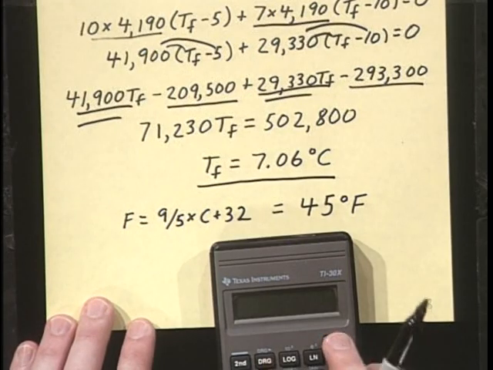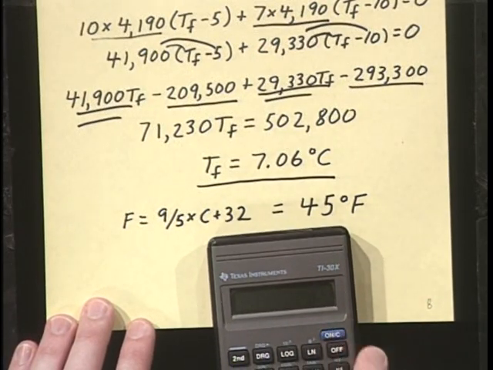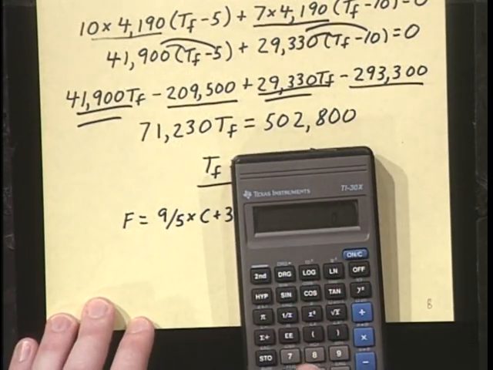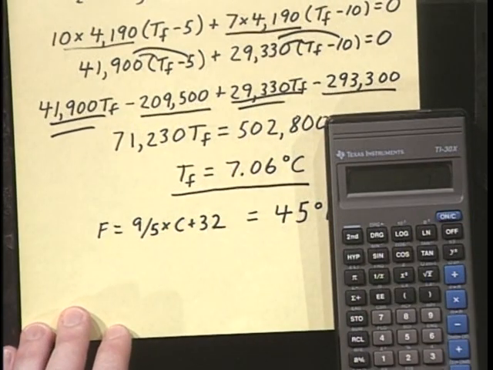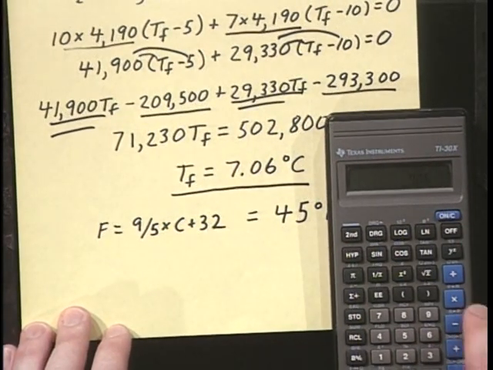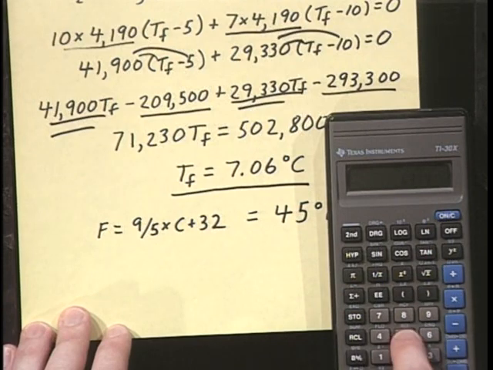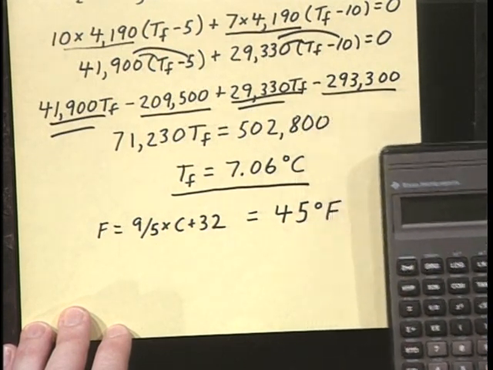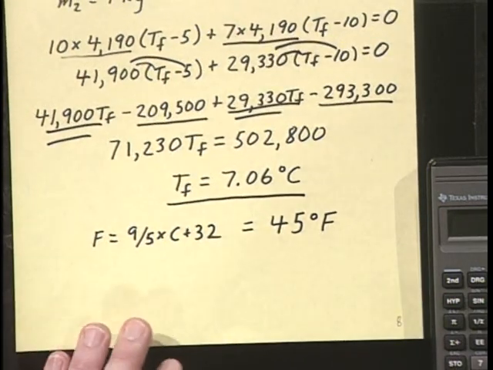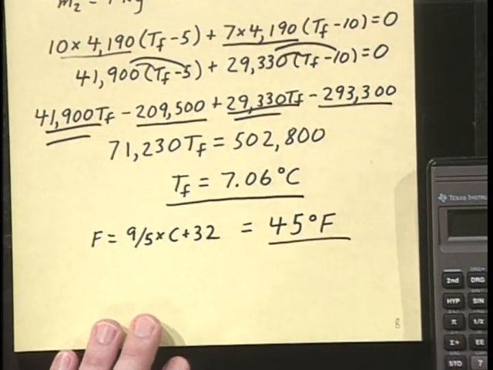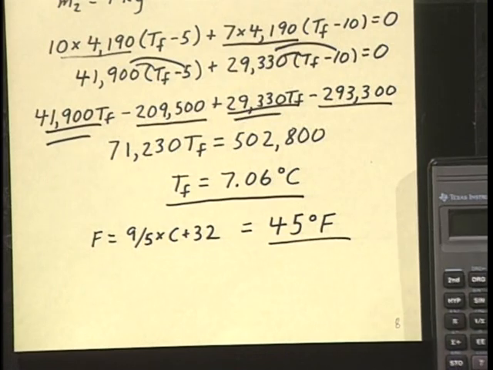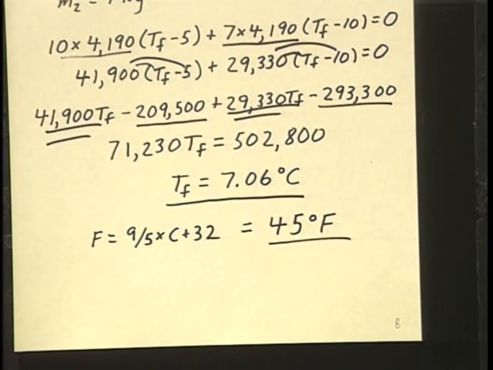So in our calculator, I'll put in the 7.06 times 9 divided by 5, and then add 32 to that, and that produces a value that's almost 45. If we rounded it to a whole number, it's 45 degrees Fahrenheit.